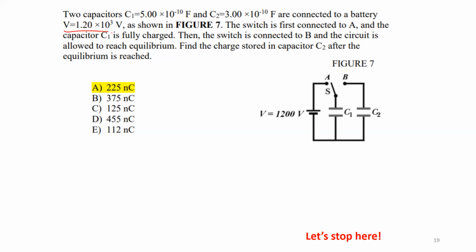And the battery, I give you the voltage. First, the switch is here, and this is fully charged. And then I remove it from A and I put it at B. Now the question is, find the charge stored in capacitor C2 after the equilibrium is reached.